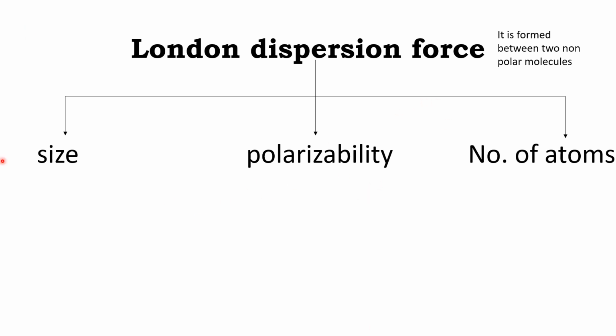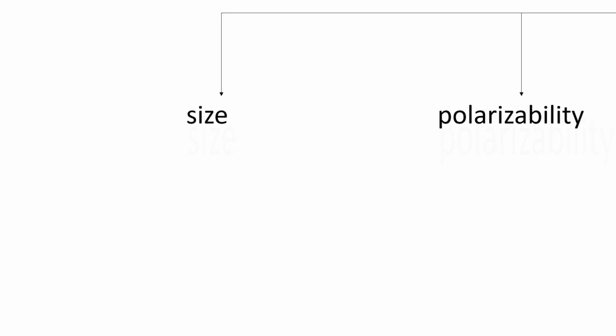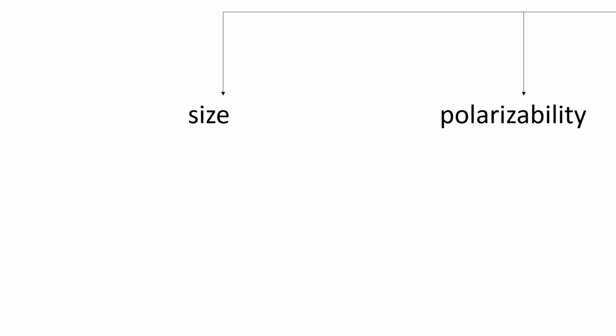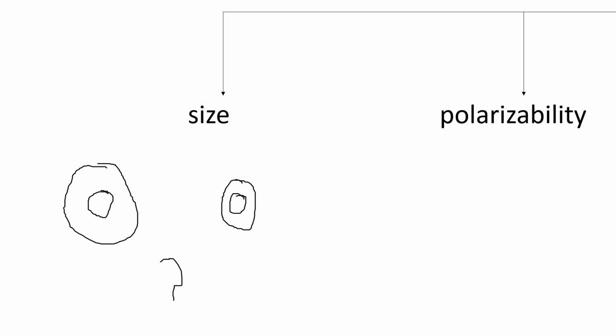First of all, let's have a look at the size. So basically, size doesn't matter a lot. Just suppose two atoms, one of this size and one of this size. Now tell me, in which one would there be more nuclear force?